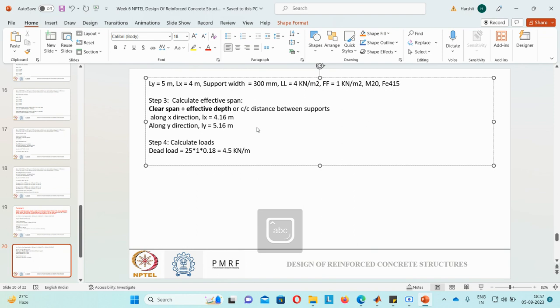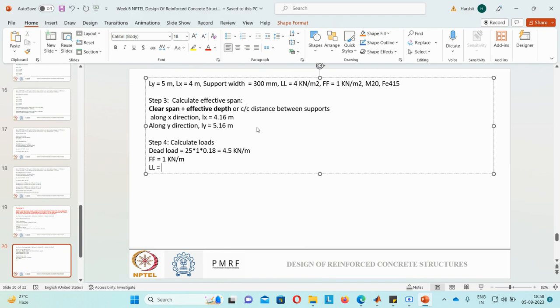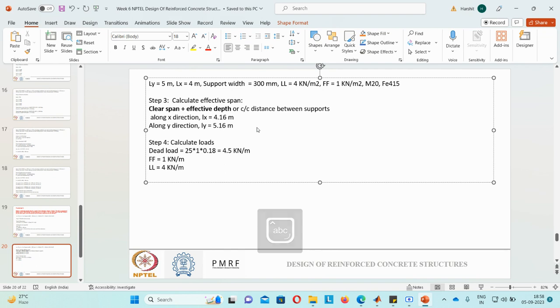Floor finish load is given as 1 kilonewton per meter, and live load is given as 4 kilonewton per meter. Based on this you can calculate total load, and my factored total load will be 1.5 into the sum of these three, which is 9.5, so you'll get a value of 14.25 kilonewton per meter.